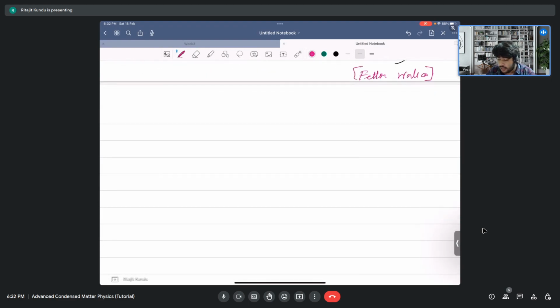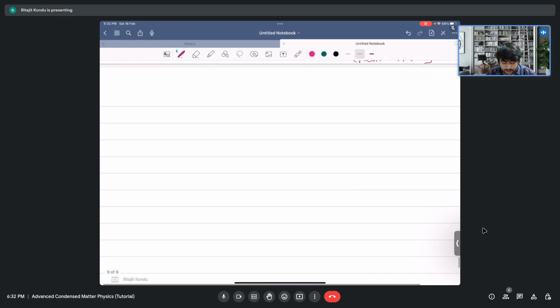I wanted to talk a little bit about Wick's theorem. You have already learned Wick's theorem, right? Wick's theorem tells me that if I have some string of objects, A, B, C, D, and so on, I can reduce them in terms of contractions, like all possible contractions, AB, CD, or AC and BD, and so on.